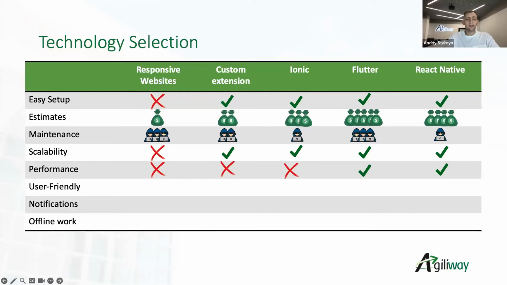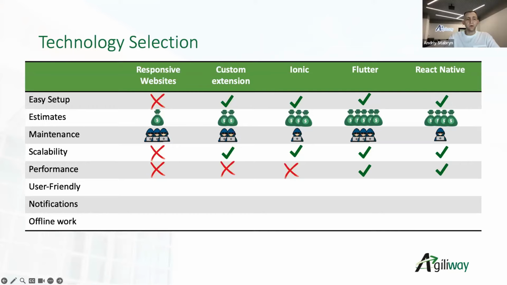Next is performance. For a responsive website and custom extension, performance may be impacted, especially on mobile devices. The problem is that we have to use CiviCRM as a base, and we cannot control the environment where CiviCRM is located, so it can be a problem.